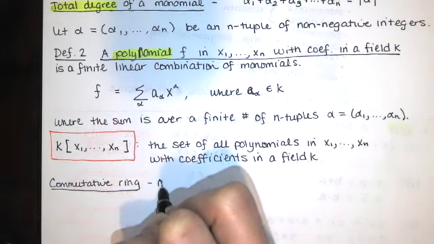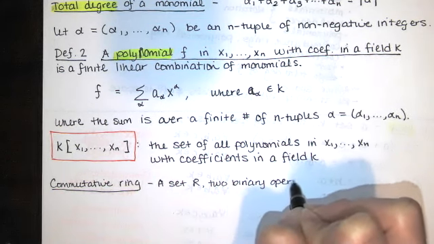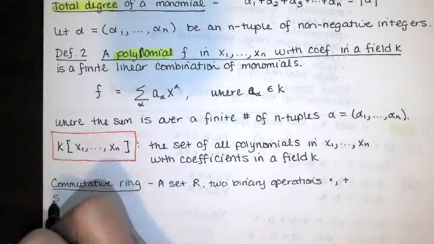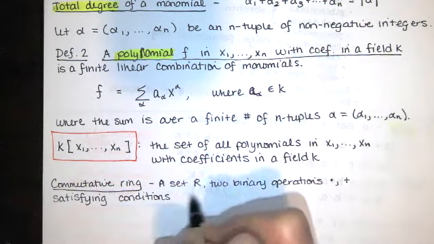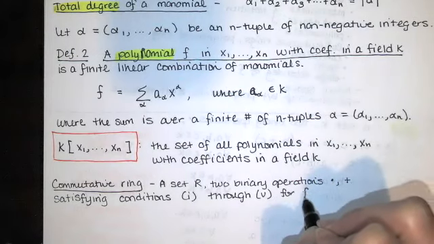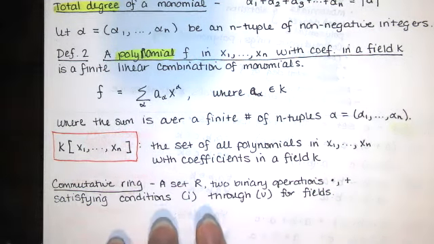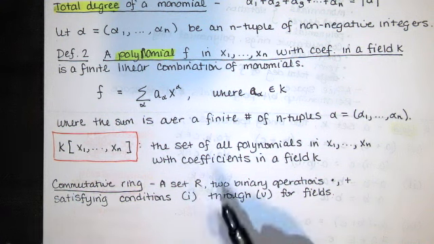This is a set R that has two binary operations, multiplication and addition, defined on R. And I'm going to say that it satisfies the conditions 1 through 5 for fields, but not that sixth property. Commutative rings are just like fields, except they may not have the property that every element has a multiplicative inverse. Obviously, if something is a field, it's a commutative ring.